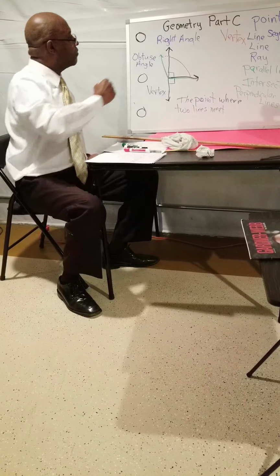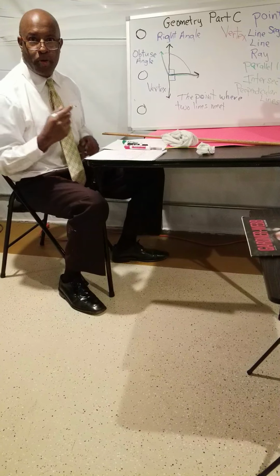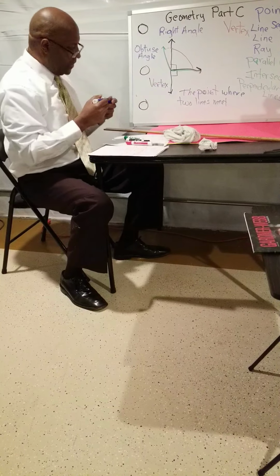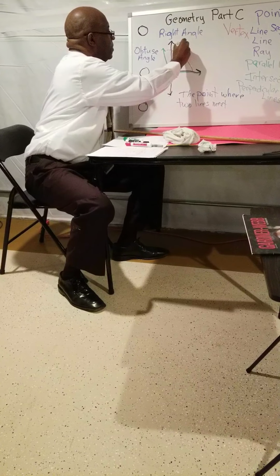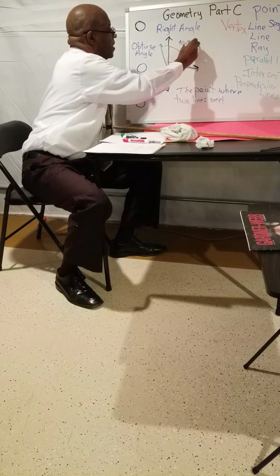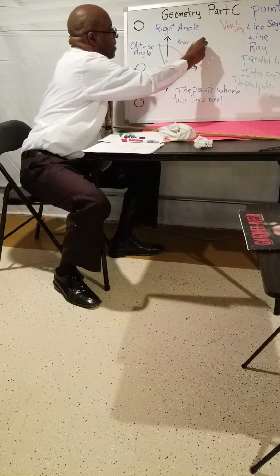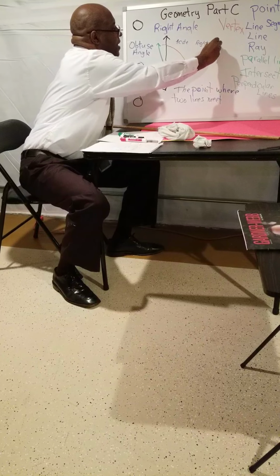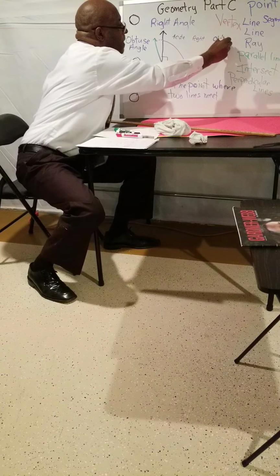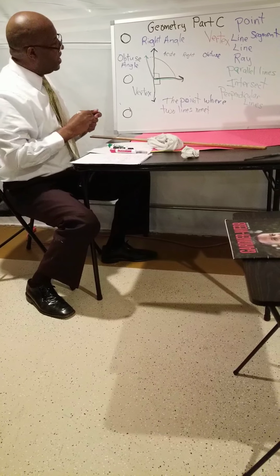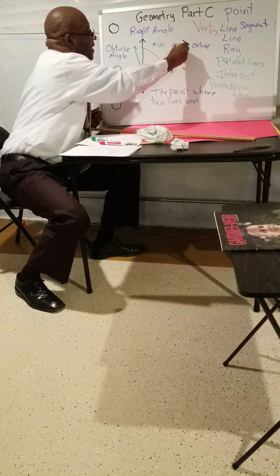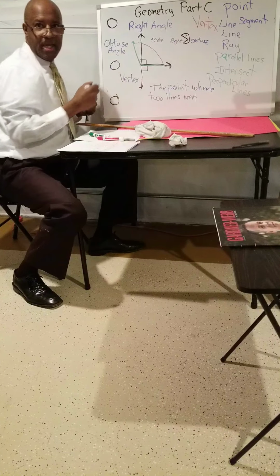Okay? So remember when we said the Pac-Man or Pac-Woman eats the larger number of objects? Just think about it in these terms. Acute, right, obtuse, and the Pac-Man or woman eats the larger angle.